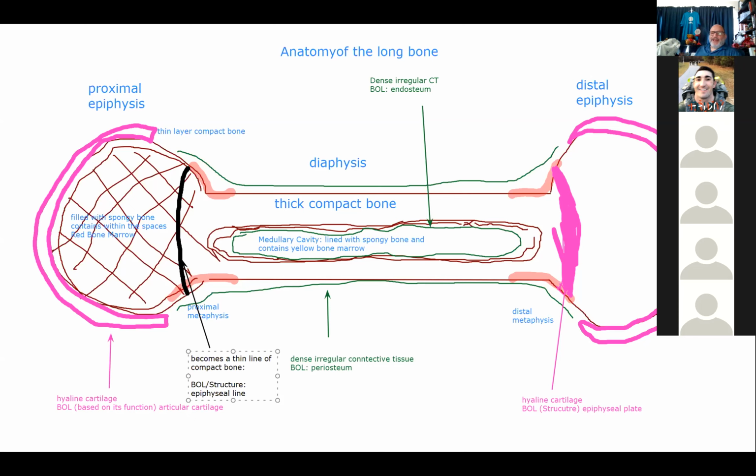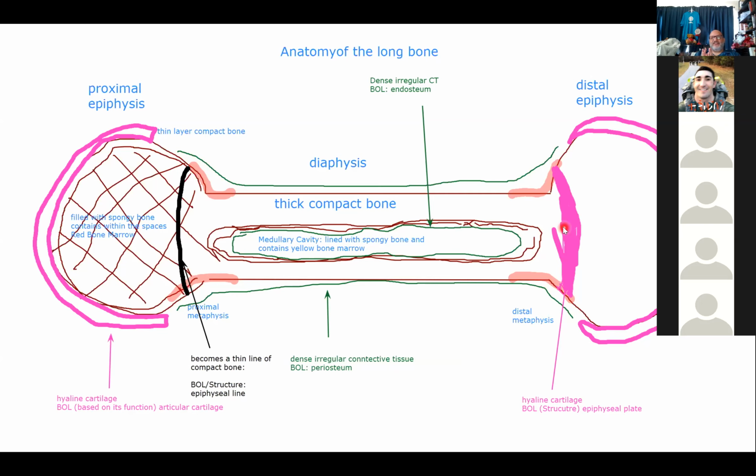If you randomly came across a long bone that was just sitting out in the woods, and you wanted to figure out who it belonged to, one of the first things you would do is try to figure out the age of the individual. And the way you could tell the age of the individual is to see if that bone either had an epiphyseal plate or an epiphyseal line. If it has an epiphyseal plate, depending on how thick it is, if it's really thick, then typically that person is under 18.